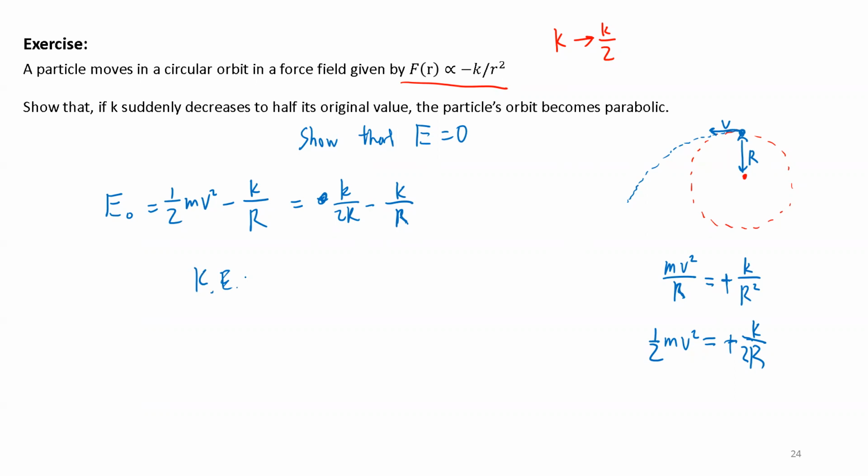As you change the force, at least at that instant, the KE remains the same. But the PE has changed from minus k divided by r to minus k divided by 2r.